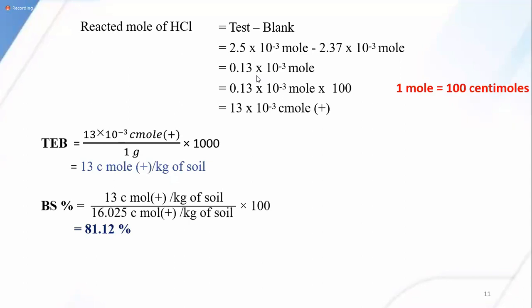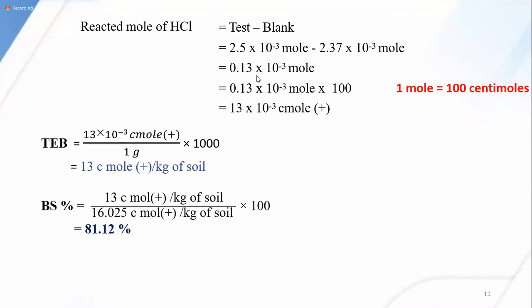Just a simple equation, so please note it down: total exchangeable bases divided by cation exchange capacity and all the things multiplied by 100. Please remember the equation.